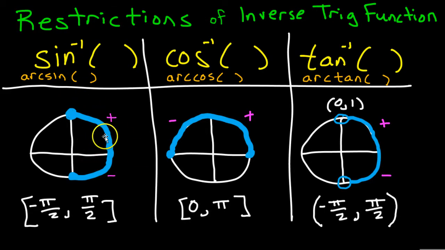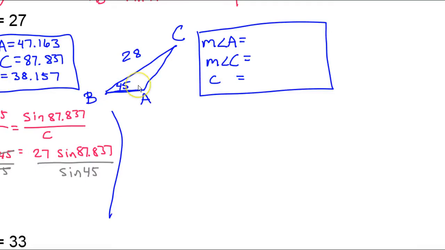Inverse sine is only going to give you answers between negative 90 and positive 90. And since we're talking about angles in a triangle, they can't be negative. So we're only talking about angles between 0 and 90. We're only talking about acute angles here. So inverse sine is not going to give you an obtuse angle.